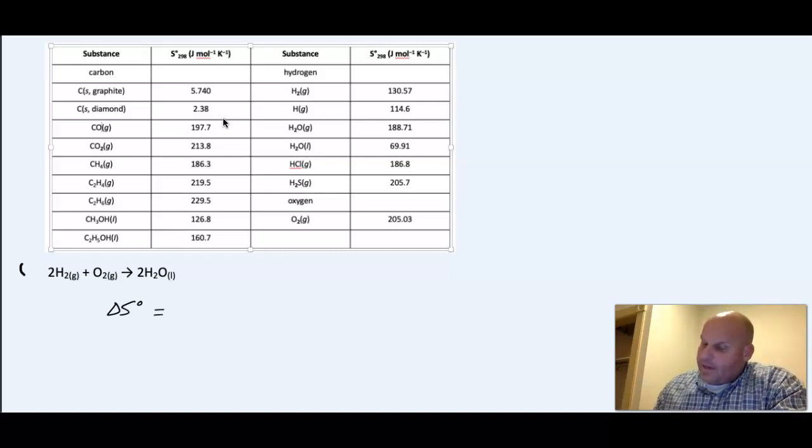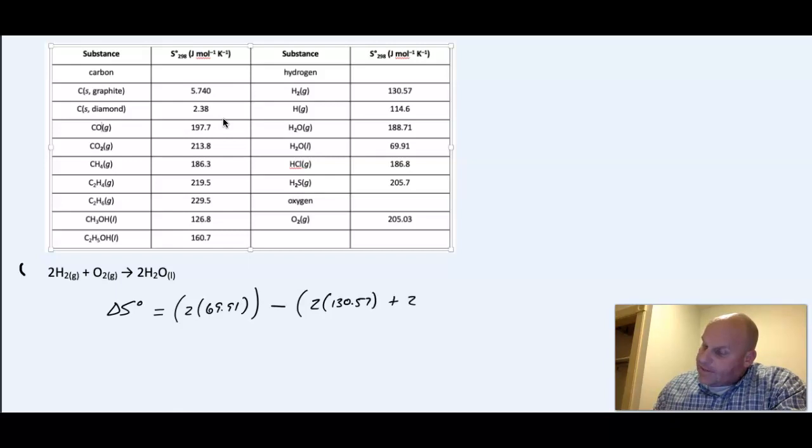So for my products, I have 2 H2O liquid, and I can see that value listed in the table, minus the sum of the reactants, which I have 2 H2 gas plus the value for the O2 gas.